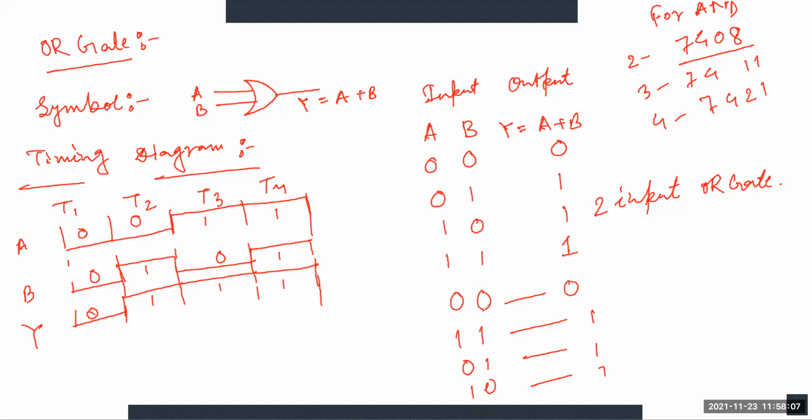For the case of B, it is a little bit different. This is 0 1 1 0, but in the previous case it was 0 1 0 1. After finishing any timing diagram, you just go through it against your gate or truth table. With the help of this, you can easily understand what gate it is.